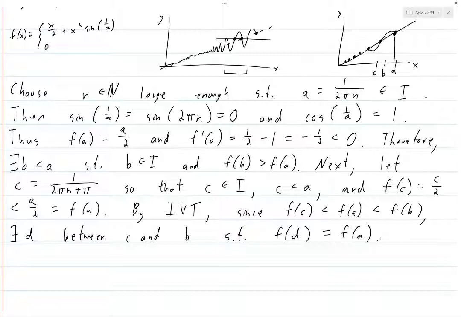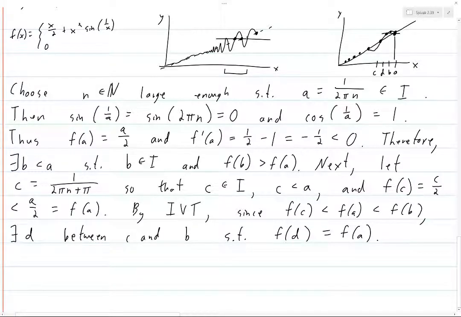So we have this point D. Now I said between C and B. In this picture, D would be like right here, so the order is A, B, D, C. Here D is greater than C and less than B. Of course, if you choose B close enough to A, then you can guarantee that B is greater than C, but that's not absolutely necessary.